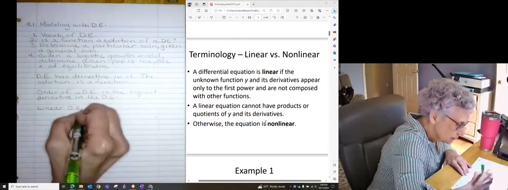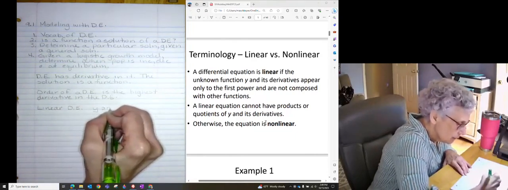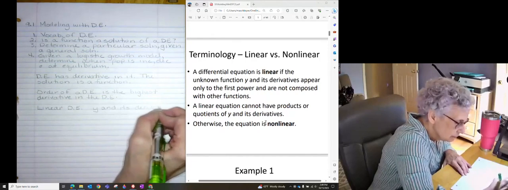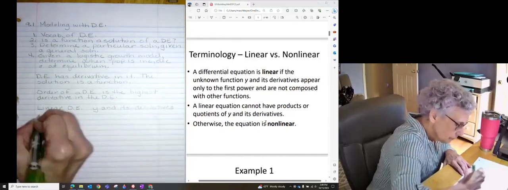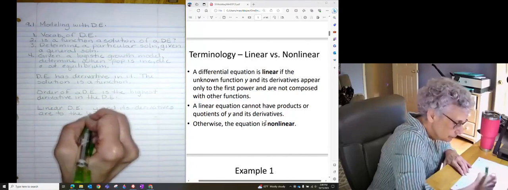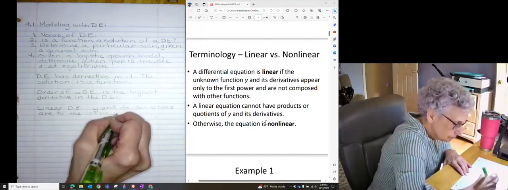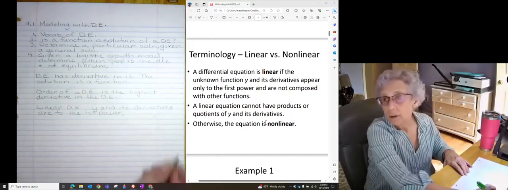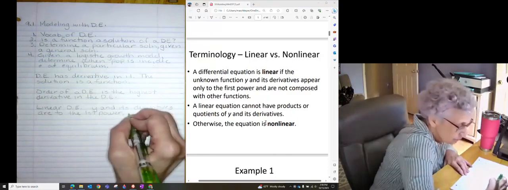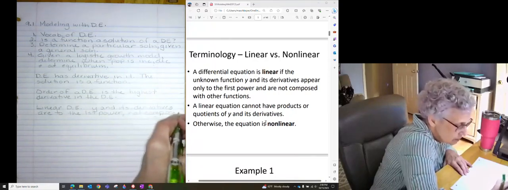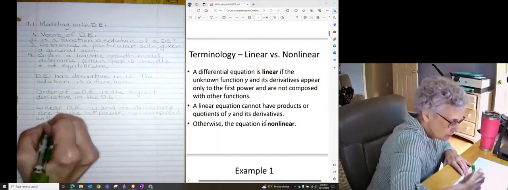Linear differential equations: y and its derivatives are to the first power. They're not multiplied together or composed with other functions.